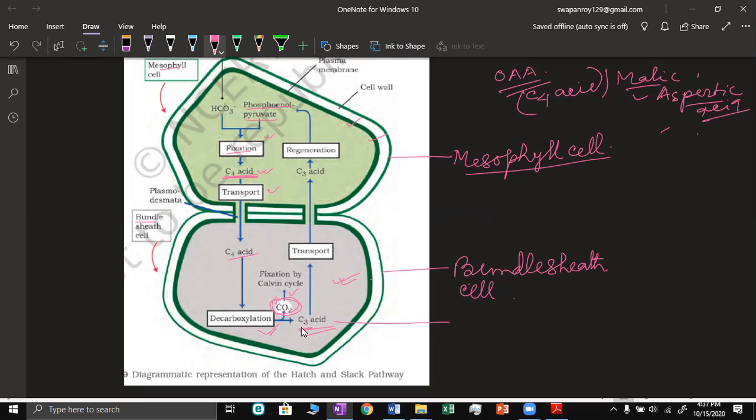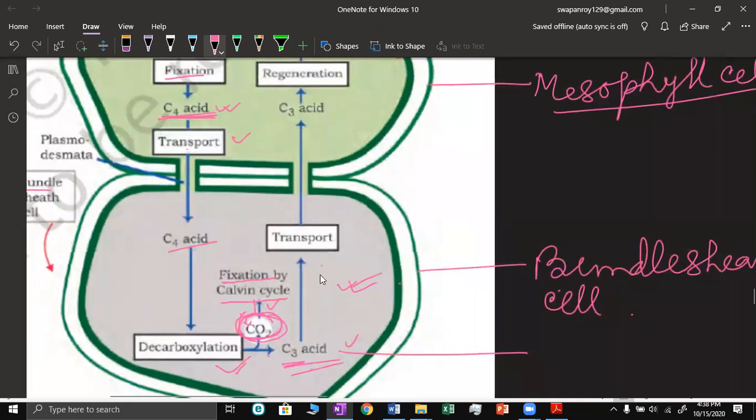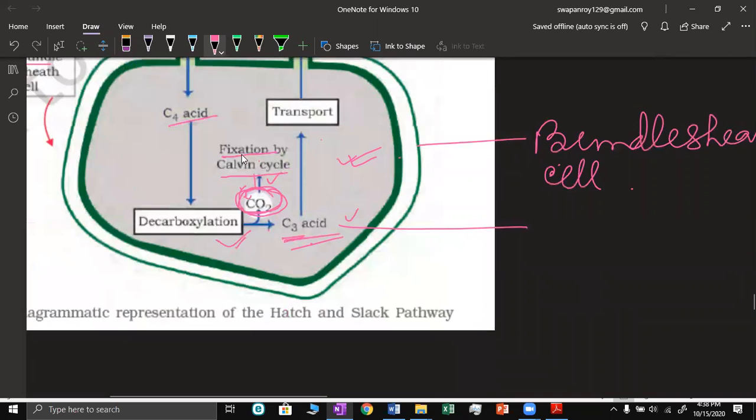So three carbon compound remains and carbon dioxide is released. This released carbon dioxide is absorbed and fixed in the Calvin cycle. Say this one is written here, that Calvin cycle. Okay, fixation by Calvin cycle.